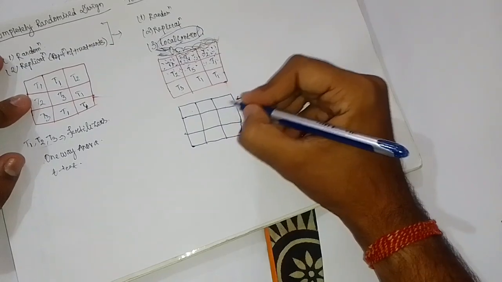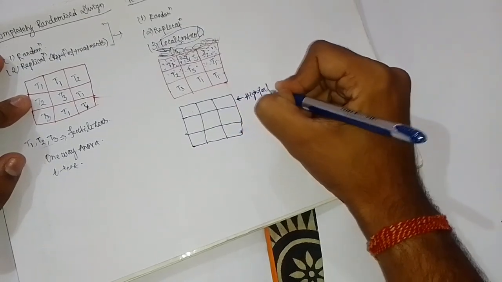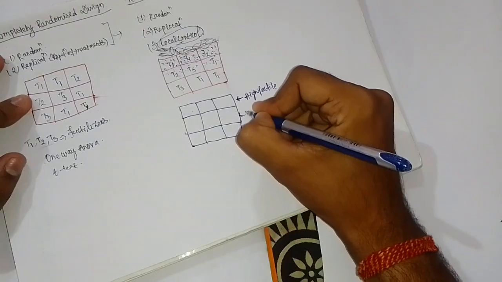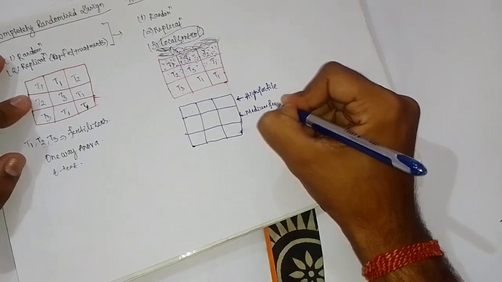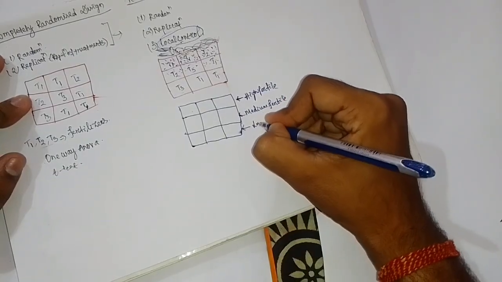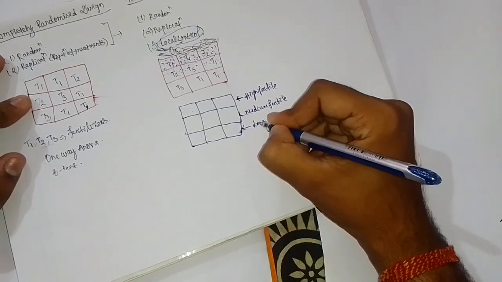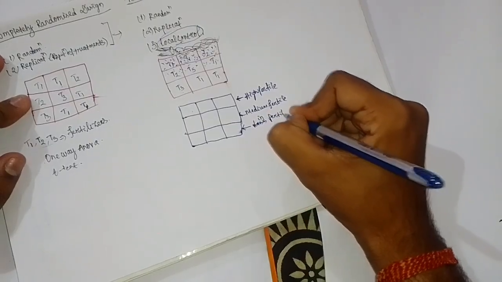So this block is a high fertility area, high fertile. This one is medium fertile, and this one is less fertile, or we can say an infertile area.